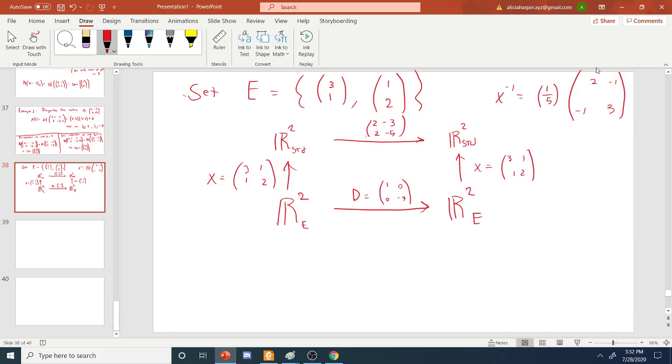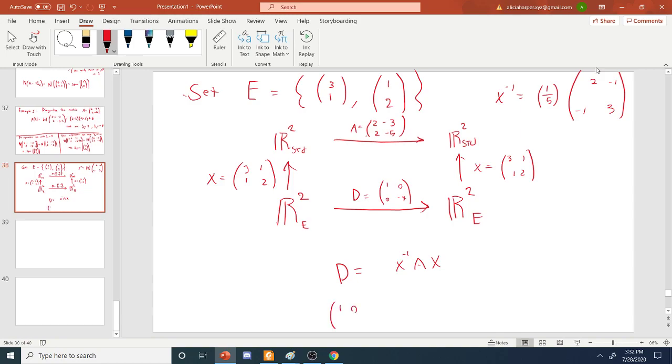So it follows that if this is A, then D is equal to X A X inverse.